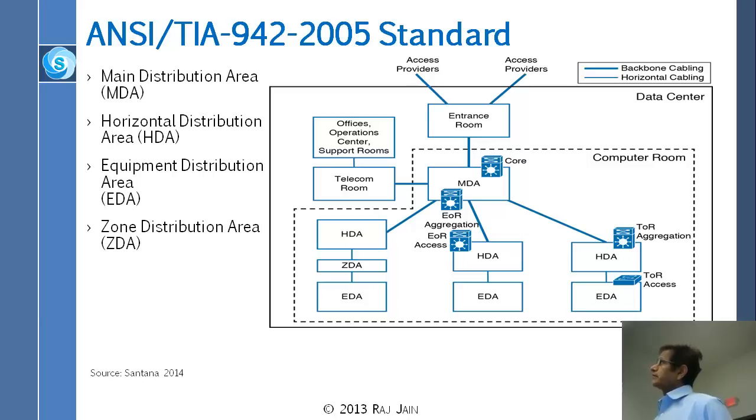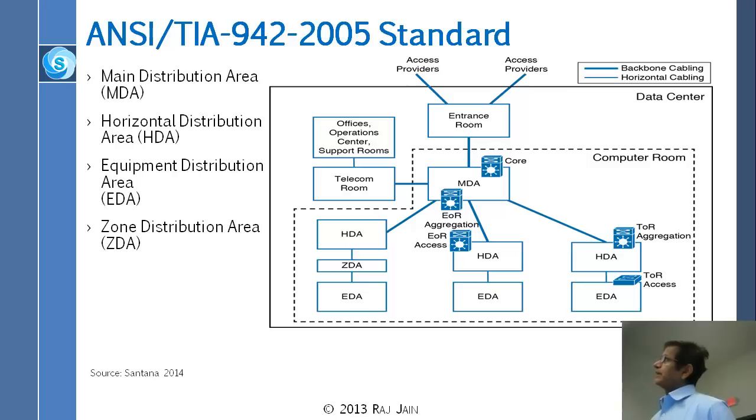From there, you come into the computer room. Next to the computer room you have the telecom room, and I think the telecom room might be more like voice telecom, but the data is coming through here. And then in the computer room, you divide into many different areas.